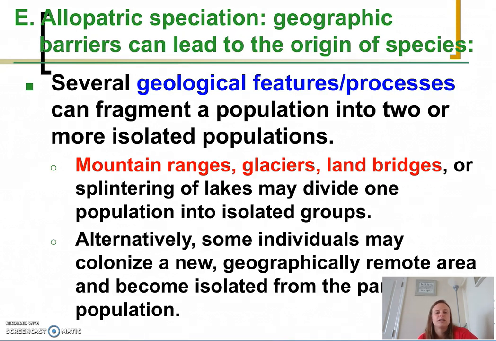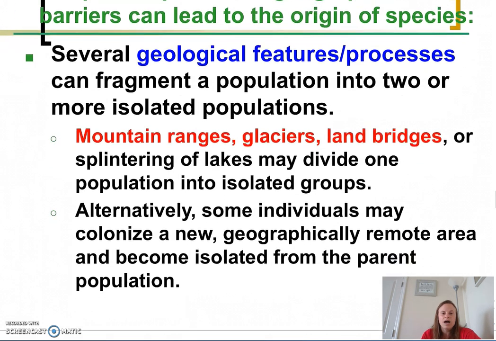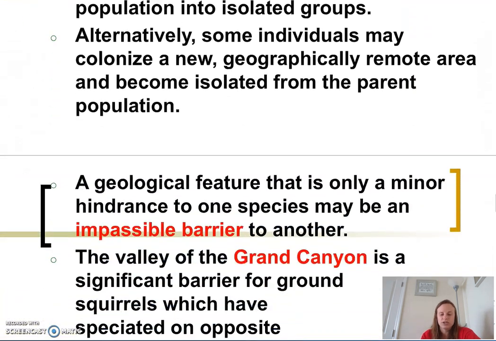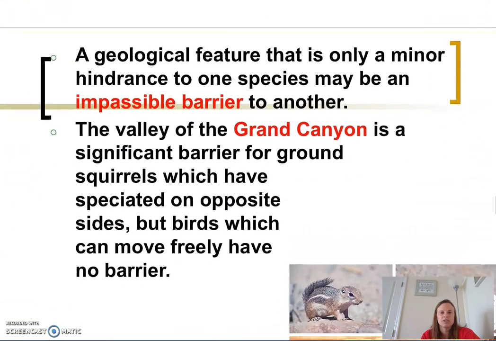Other examples of geological features that might cause allopatric speciation are mountain ranges, glaciers, land bridges, even humans building roads or building a mall.